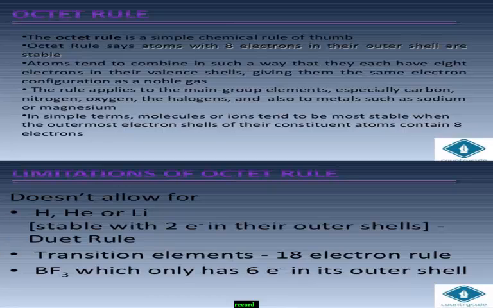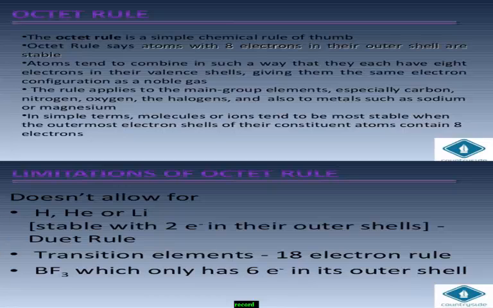Students, when you observe the limitations of this octet rule, some points are observed. This octet rule does not allow for hydrogen, helium or lithium. Octet means 8 electrons in the outermost shell. Those 8 electrons are obtained either by sharing or gaining of electrons.